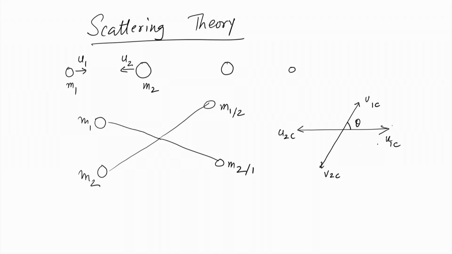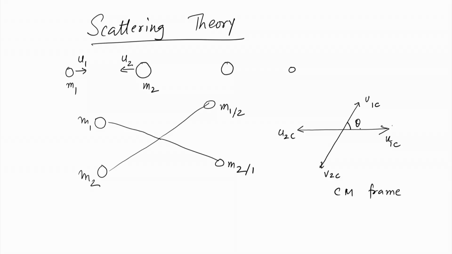So, these are the initial velocities of the particles in the center of mass frame. 1 and 2 correspond to the two particles with masses m1 and m2, and C corresponds to the CM frame, and in the CM frame the total momentum is 0.